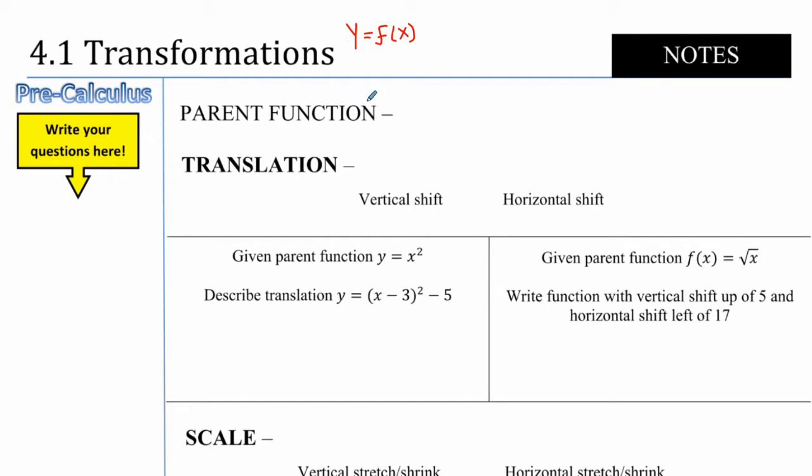So an important piece of vocab is the parent function. When I talk about a parent function, what I'm referring to is the most basic form of a certain type of function.